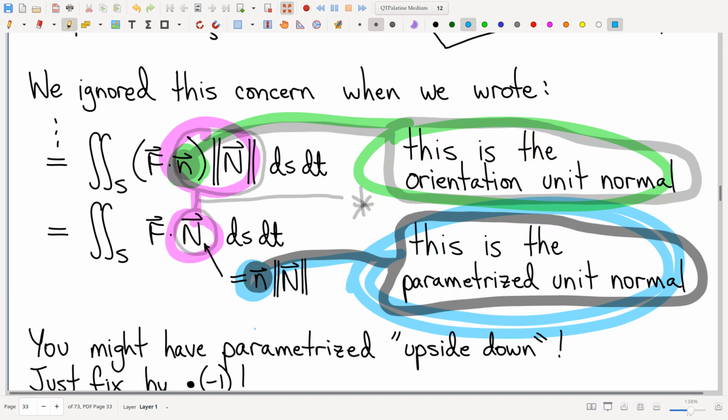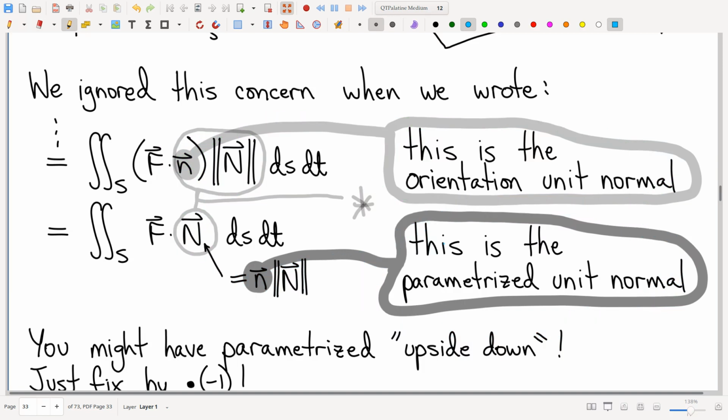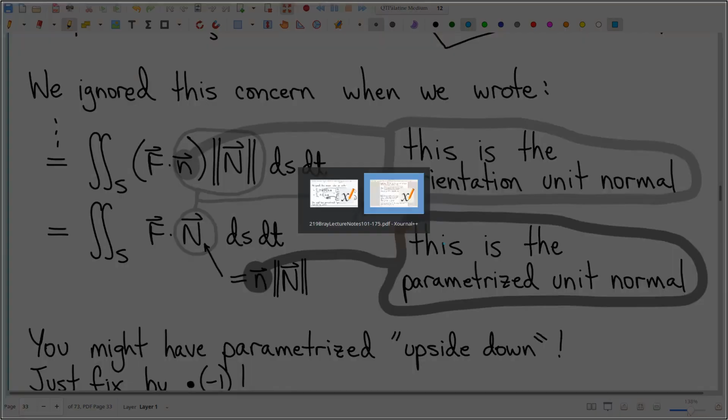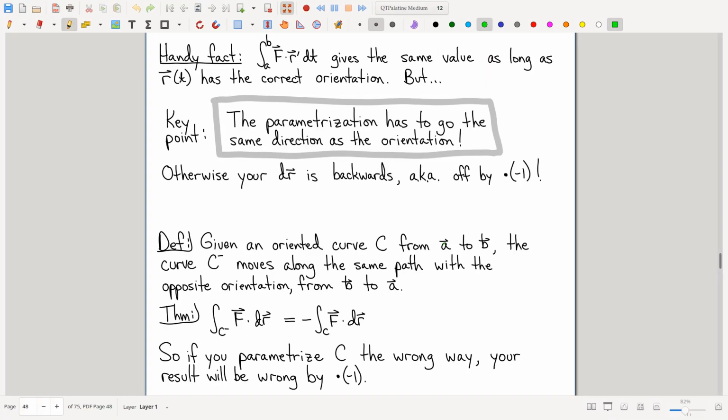All right, so this is annoying. Let me go back to chapter 6. This is long back in early chapter 6, where we were talking about vector line integrals, and we made the observation that you do have to parameterize in the correct direction. If your curve is going this way and you parameterize that way, you're going the wrong direction and you're going to get the wrong answer, but in particular, you're going to be wrong by a minus sign.